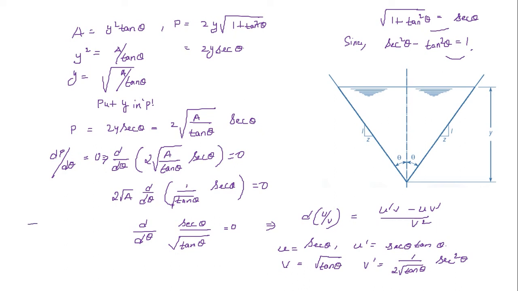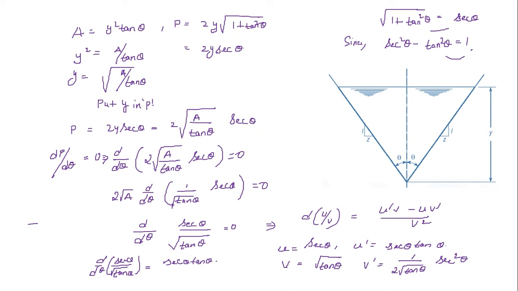What do we get here? Okay, let me write down the equation here for you. D by d theta of secant theta by root over tan theta will be equals to, what happens to this equation here? U dash. What is u dash? Secant theta tan theta. Now v. What is v? Tan theta.